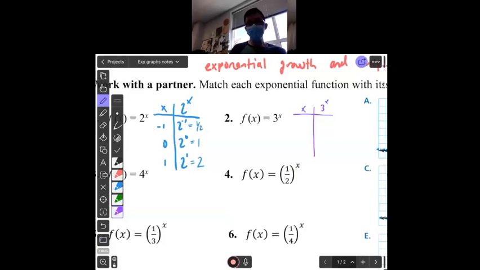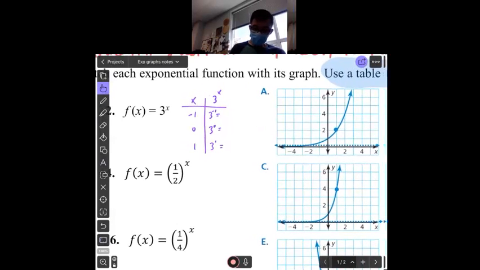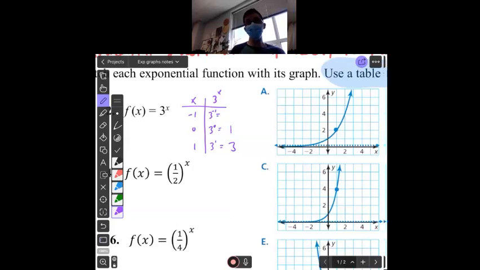So what happens if we use the same 3 numbers, but now we're using f of x equals 3 to the x? So 3 to the 1, 3 to the 0, 3 to the negative 1. What do we get? Again, 3 to the 1 is easy. That's 3. 3 to the 0 should be easy. 1.